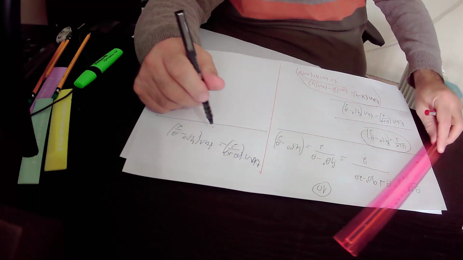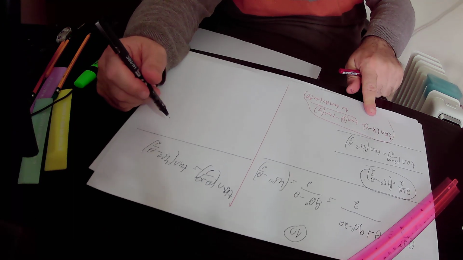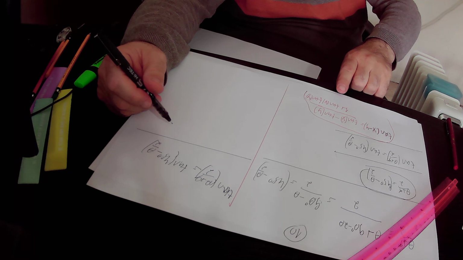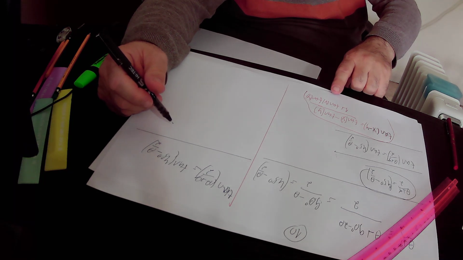So according to this trigonometric identity, tangent of x minus y equals tangent x minus tangent y over 1 plus tangent x times tangent y.